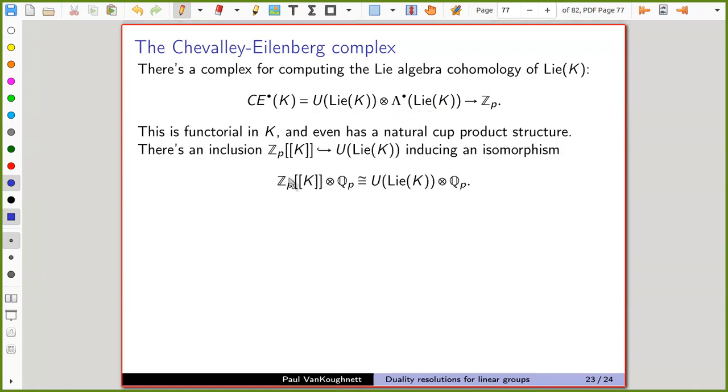So one thing that you could try to do is relate this somehow to a complex that calculates group homology. In particular, there's an inclusion from the group algebra of K to the universal enveloping algebra of Lie of K, with the property that once you tensor with Q_p, you get an isomorphism.